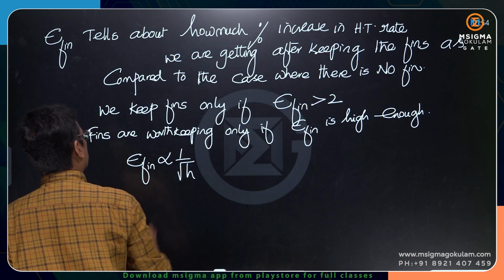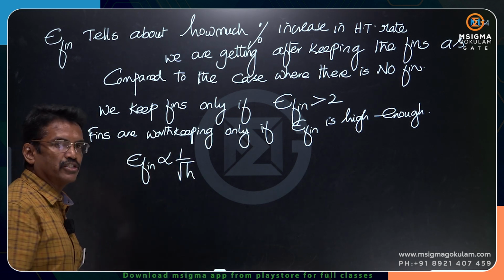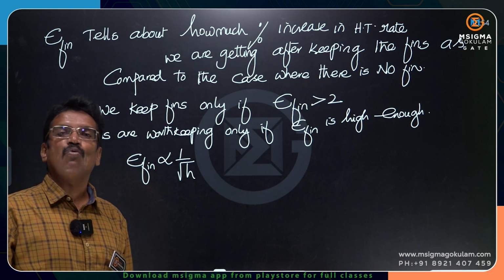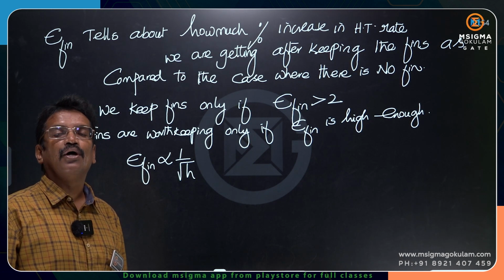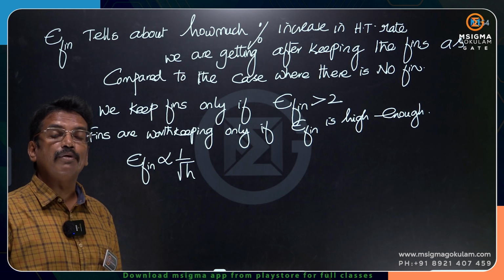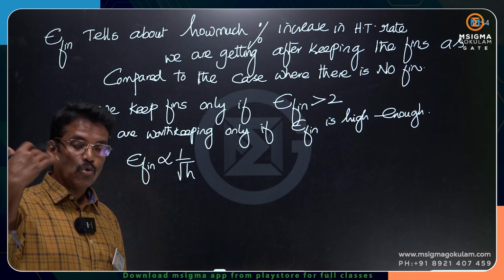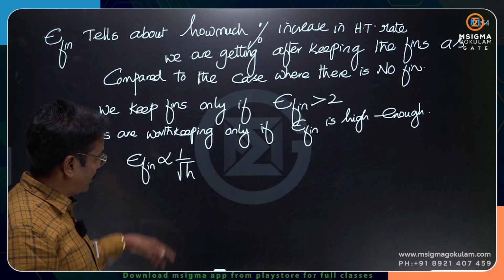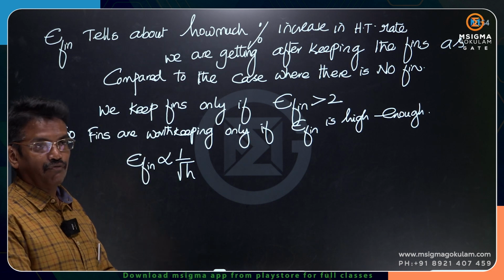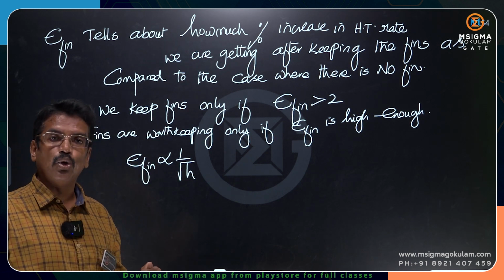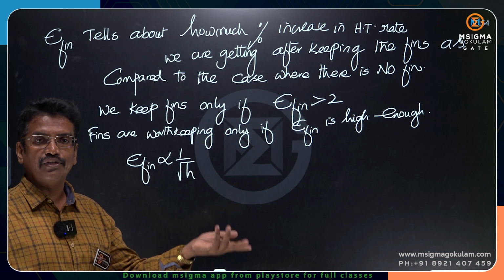That means if the h value is high, effectiveness is low. This is the reason why we do not keep the fins with water, because with water h value is quite high. On the other hand, if h is low, effectiveness of the fin will be higher. When the h value is low, that is with gases, that is with air.